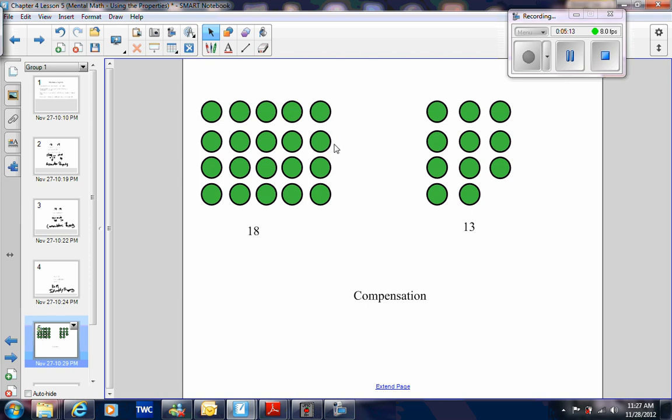Now I've taken parts of it. Now instead I have 11 here because I took the 2 and put it over here. Now I have 20 here. And now I'm taking 20 plus 11, which is something I can do in my head to get 31.